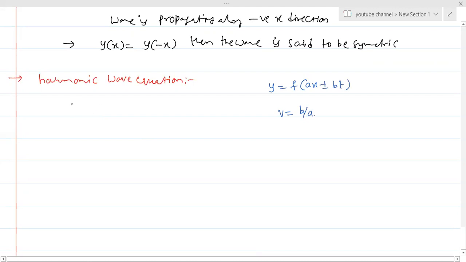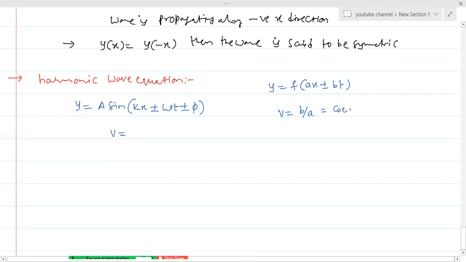Or else, suppose the sinusoidal wave equation is given as y equal to a sine (kx plus or minus omega t plus or minus phi). Then the velocity of the wave is nothing but the coefficient of time by the coefficient of x. So that is the beautiful formula.